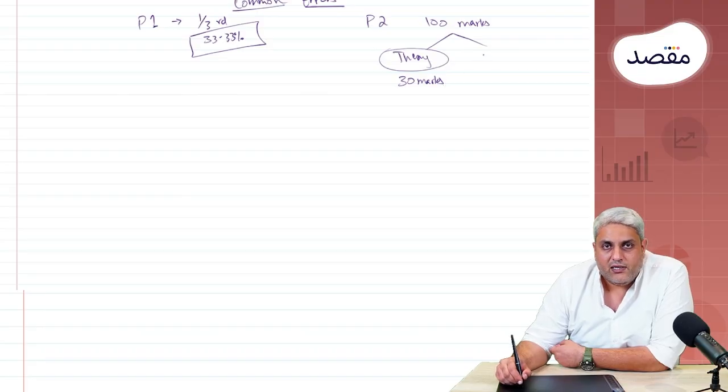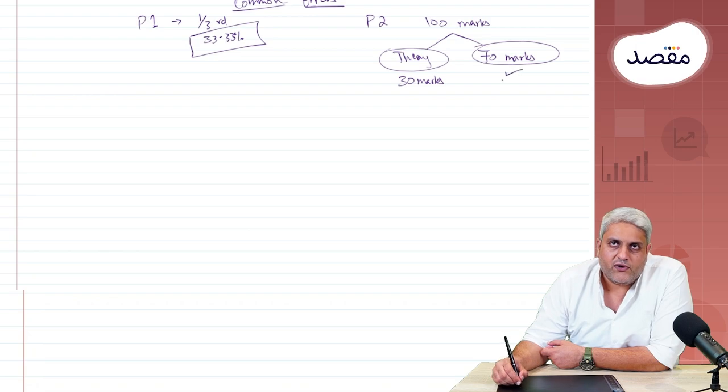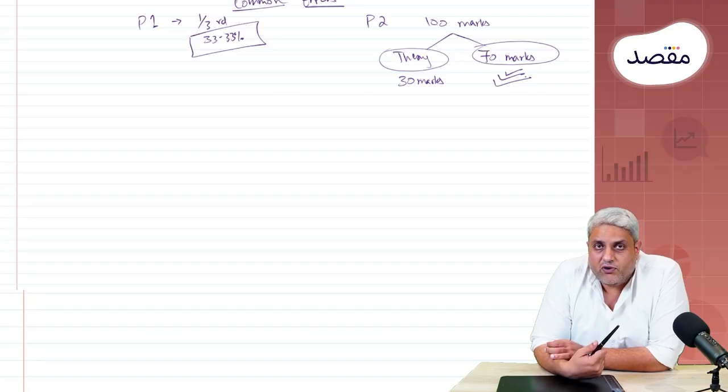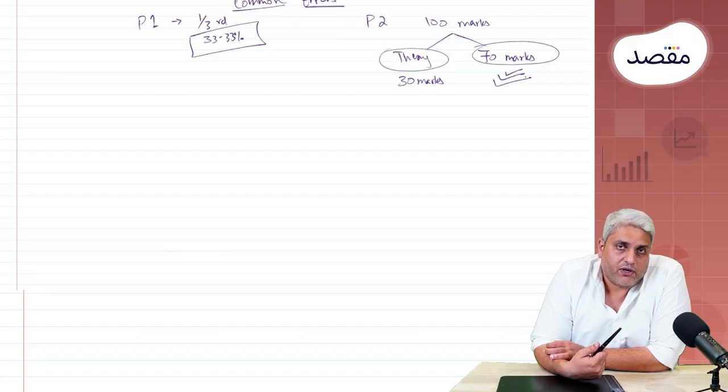So technically, a lot of you actually focus upon the 70 marks of calculations and you put in all your effort over here. सोचें, so 70 marks out of 100 is what you are going for. You're ignoring 30 marks in theory and you're ignoring paper one as well. That's not going to work well in your favor.